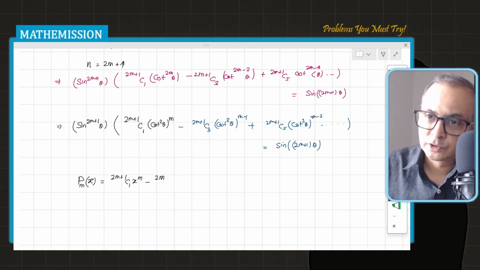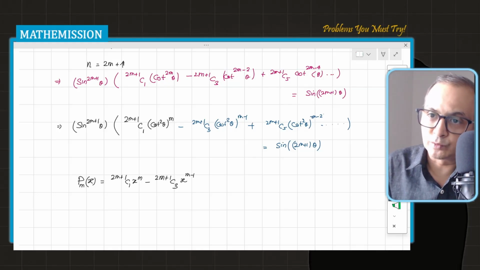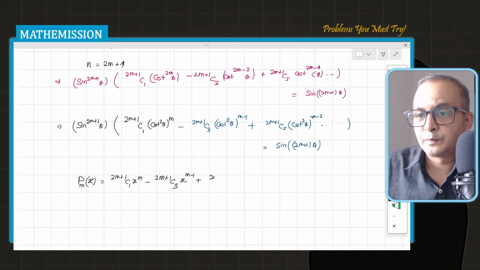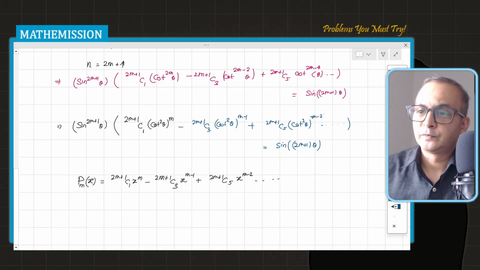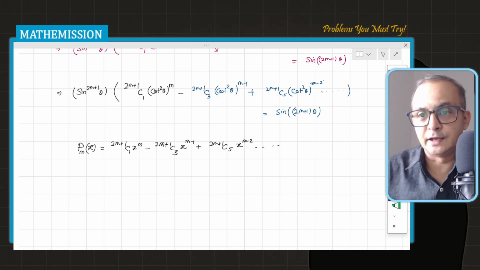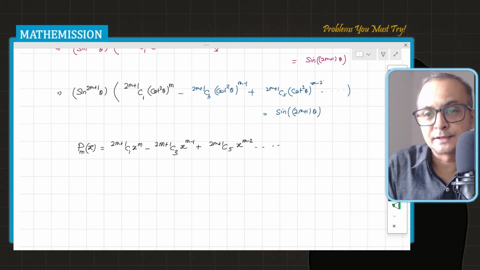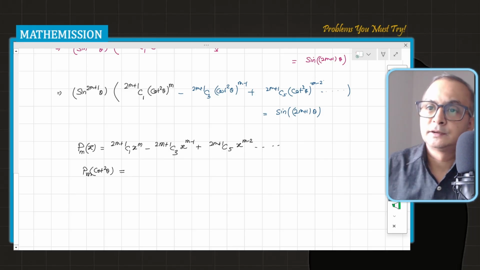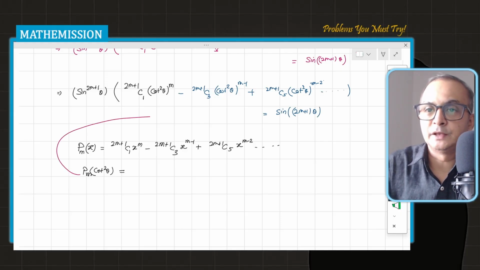Now 2m plus 1 c3 x to the power m minus 1, then 2m plus 1 c5 x to the power m minus 2, and so on. You can notice we have substituted cot square theta there to get this value. It means that P m of cot square theta, when we substitute, gives us this term here.